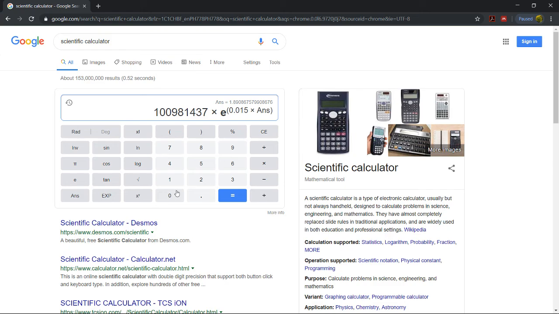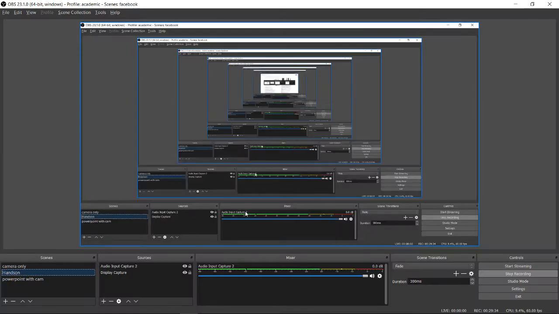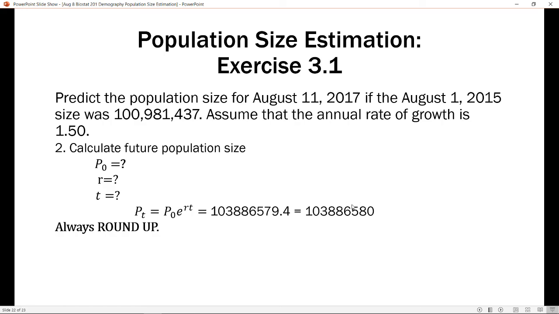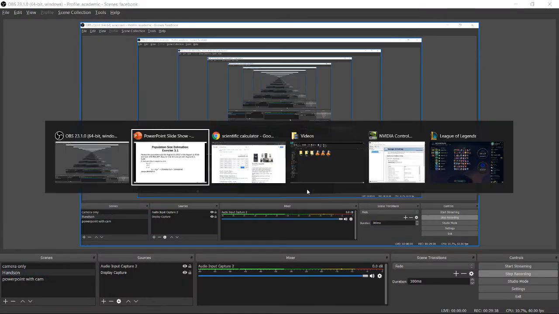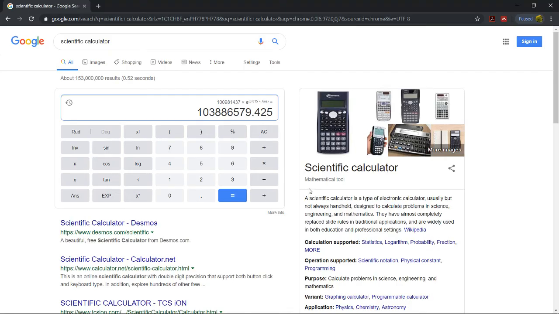So you just make use of the ANS function. And that way, you'd be able to arrive with an answer that is near what you see in the PowerPoint.